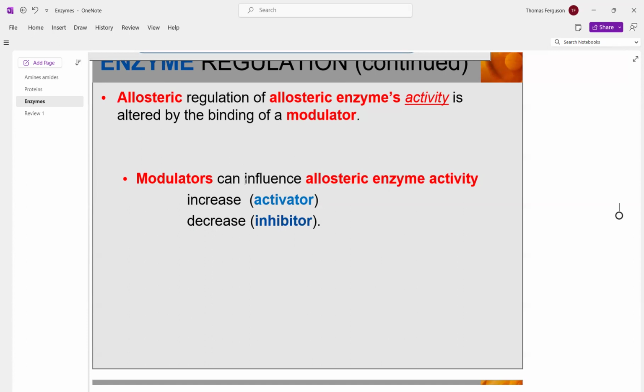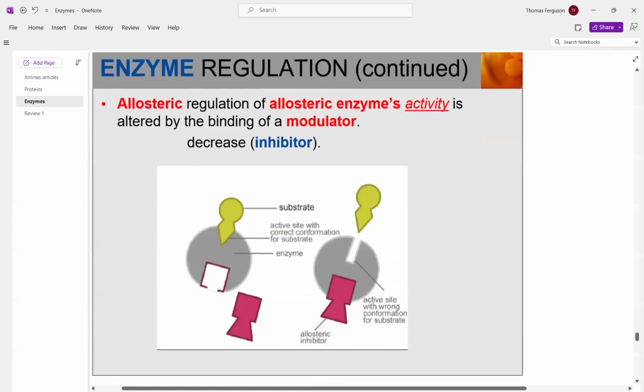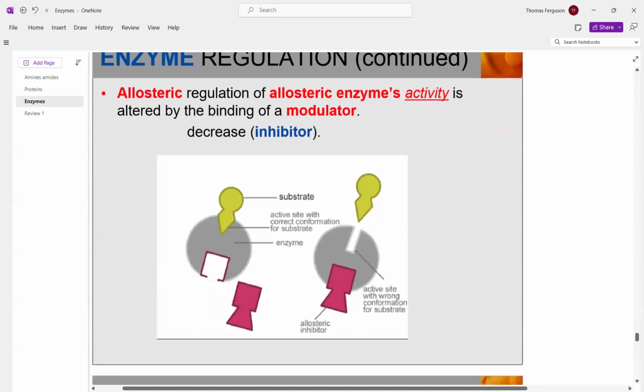And both kinds are called allosteric regulation. Whenever you have allosteric regulation, the enzyme has two active sites.